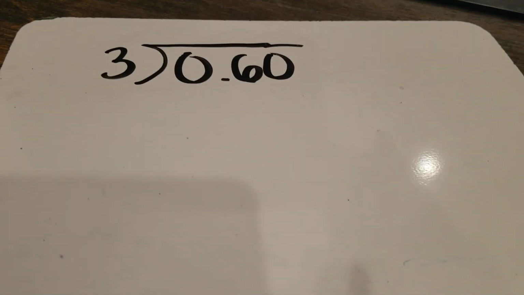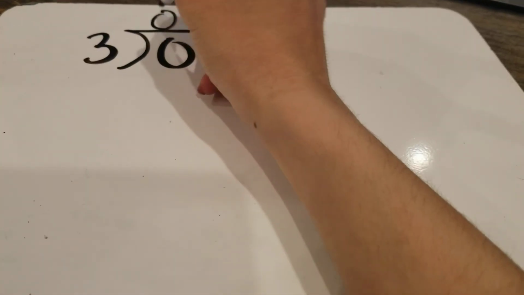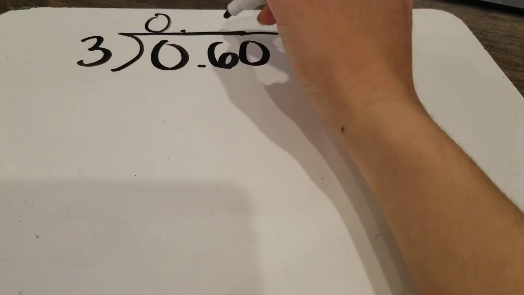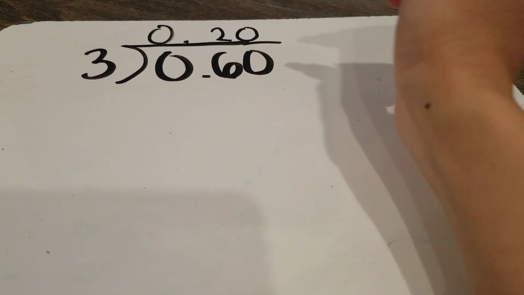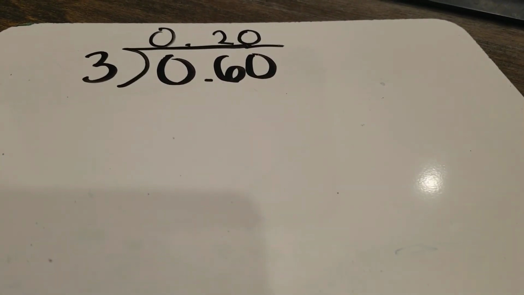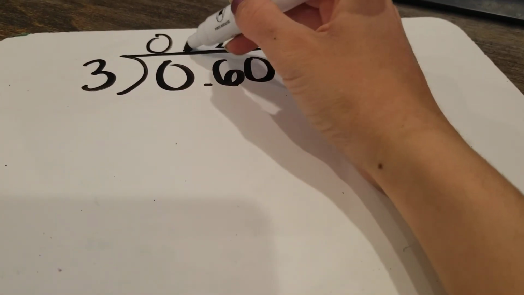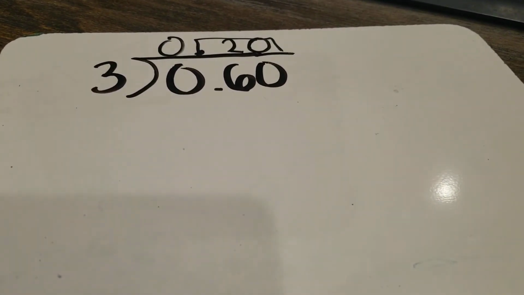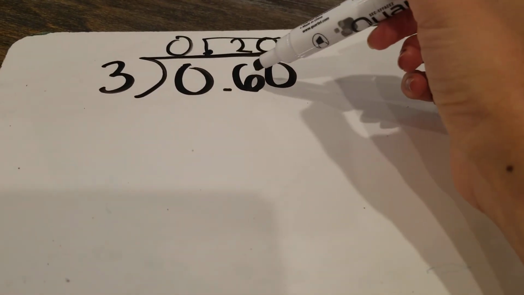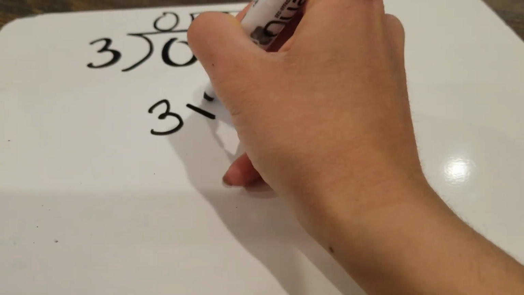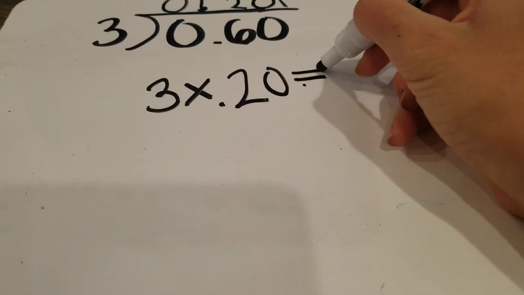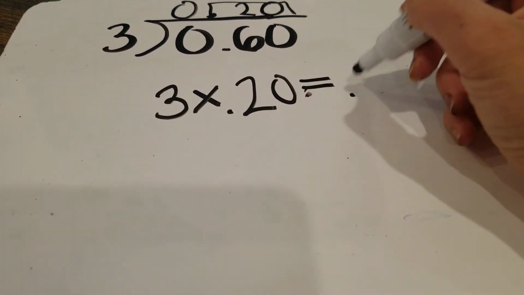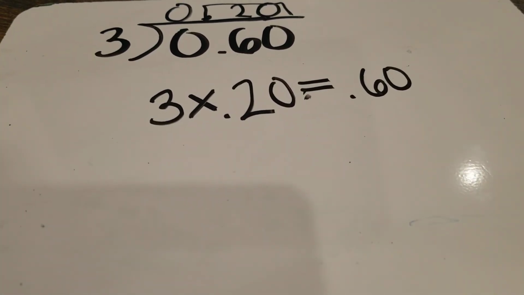So I have 60 hundredths divided by 3, right? 3 goes into 0 times, 3 goes into 6 twice, 3 goes into 0 times. So I know that each eraser cost 20 cents, which makes sense because I know that 3 times 20 hundredths equals 60 hundredths, right?